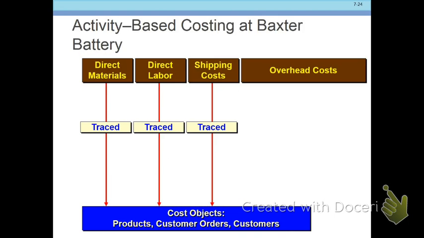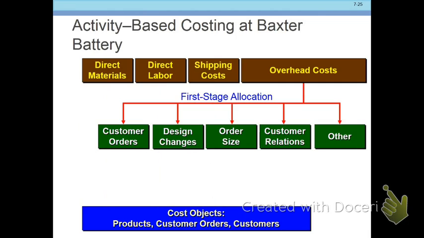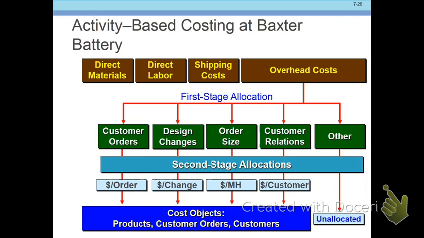So direct materials, direct labor, and shipping costs were automatically traced. So now what they're going to do is take a look at the overhead costs, and they're going to break it up into those 5 items that we've talked about. Okay. Then, once they've got it allocated that way, they've come up with the rates.